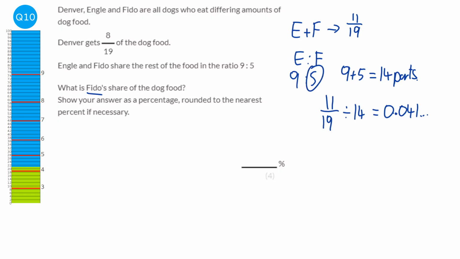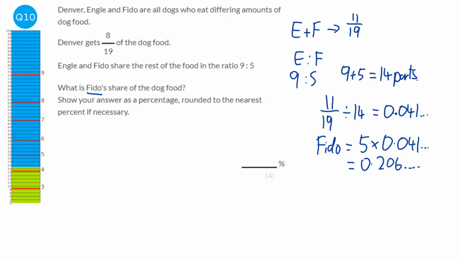And we're asked to find Fido's share. Well, Fido has 5 parts, each of them worth 0.041 and so on. I've kept it in my calculator to keep the accuracy. And when I do that, I get 0.206 and so on. Now we're asked to work it out as a percent, so I'm just going to times that by 100.